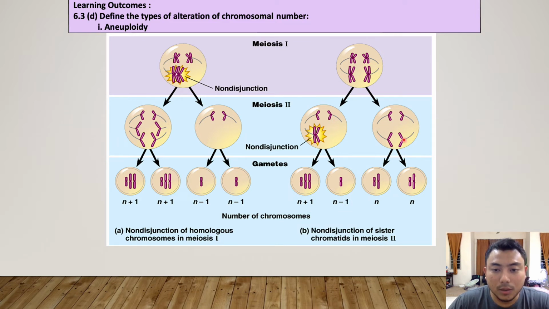So on these two cells here, they are normal and haploidnya ada 2 chromosomes. So if the non-disjunction occurs during meiosis 1, the end result will never be normal in all possible gametes. Whereas if the non-disjunction berlaku during meiosis 2, there is still a chance of 50% the gamete produced is a normal gamete. Sebab yang sebelah sini adalah normal. Hanya separuh sini saja yang akan N plus 1, satu lagi N minus 1. Ni terlebih 1, yang ini kurang 1.